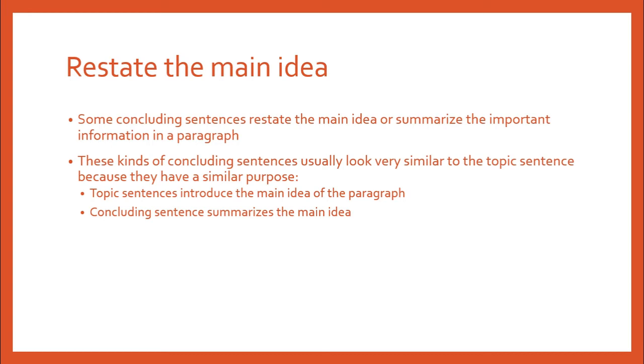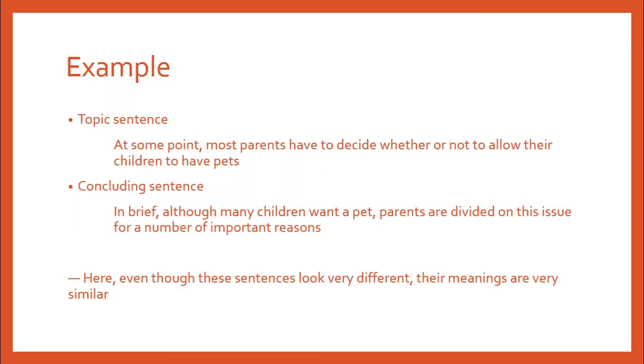When you write a topic sentence, the purpose of the topic sentence is to introduce the main idea of the paragraph. And in a concluding sentence where you're summarizing the main idea, the information should be very similar because you're saying the main idea at the beginning of the paragraph, and then you say the main idea again at the end of the paragraph. So this is an example of what a concluding sentence restating the main idea looks like.